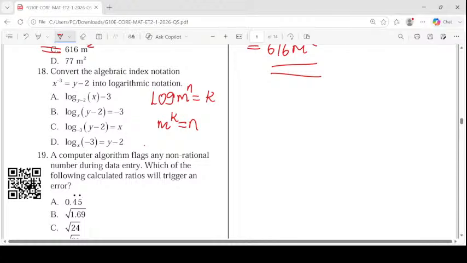So in this case, when I have x power negative 3 is equal to y minus 2, in logarithmic form, I'll have log x to the power of y minus 2 should be equivalent to negative 3, not just 3, negative 3.